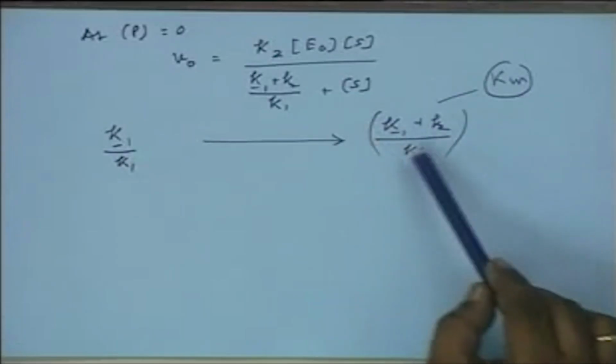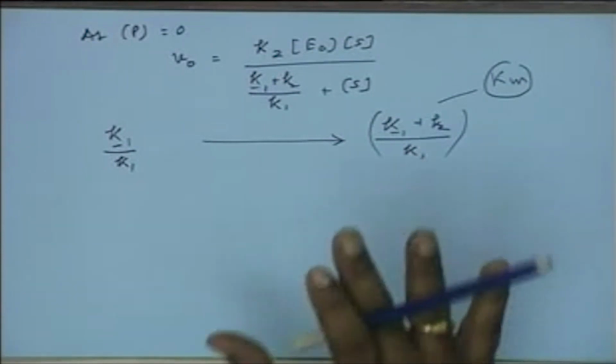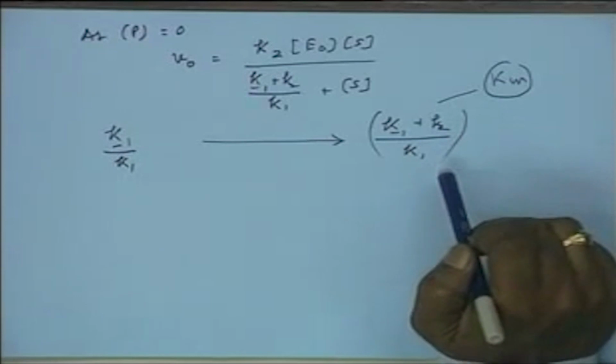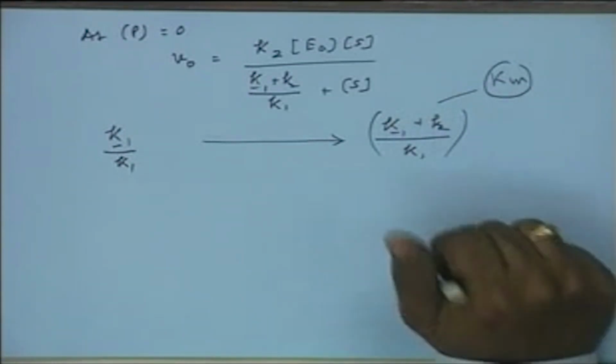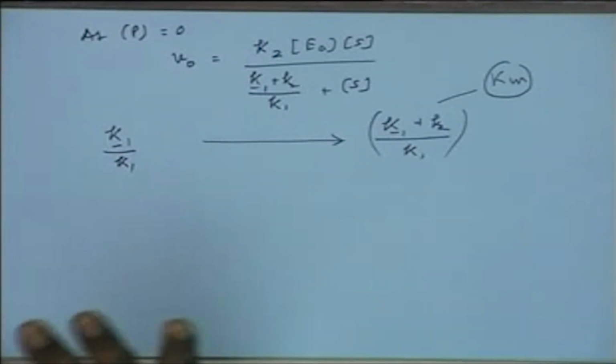But it was only Briggs and Haldane who proposed this constant, which was not developed by Michaelis-Menten. This was Briggs and Haldane's parameter, a lumped parameter of rate constants K minus 1 plus K2 upon K1, named as Michaelis-Menten constant, which of course is analogous to the diffusion constant, and the only difference is, what is the difference between the two?